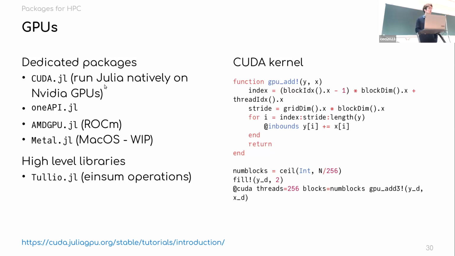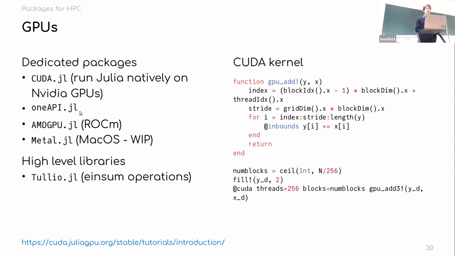The best supported one is CUDA.jl, for NVIDIA GPUs. It was one of the first ones that was fully featured, and it lets you run Julia natively on NVIDIA GPUs. It then took a bit more time, and some of these are not completely done yet, but they're getting there for other packages.